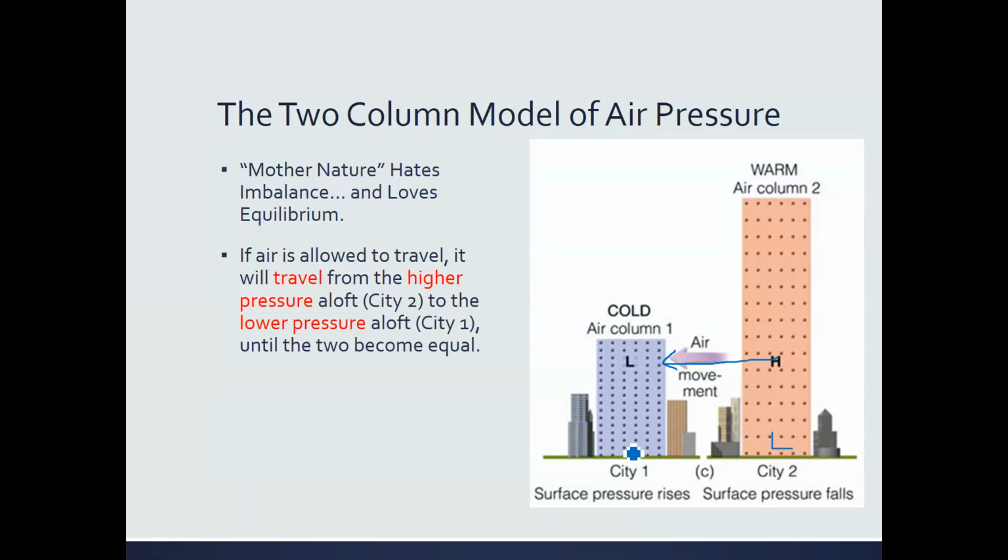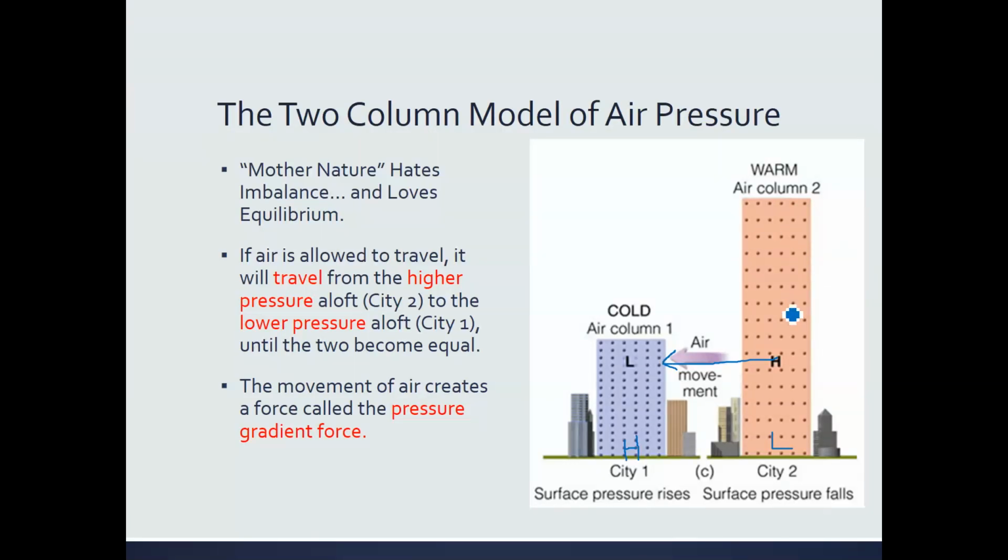Meanwhile, over city 1, you now have dots being added. Air is being added to this column. That causes surface pressure to increase. And this all happens because of the pressure gradient force. Again, air is moving from the high pressure over city 2 to the low pressure over city 1.